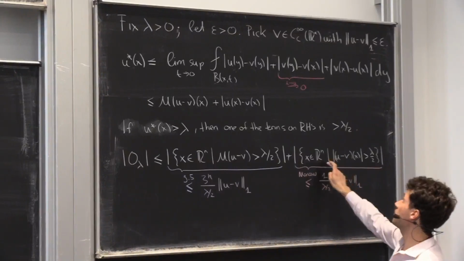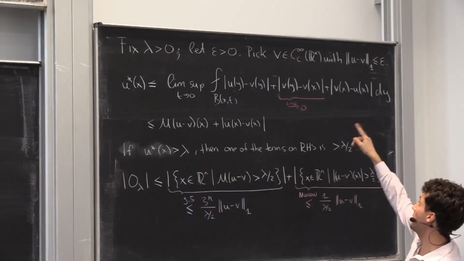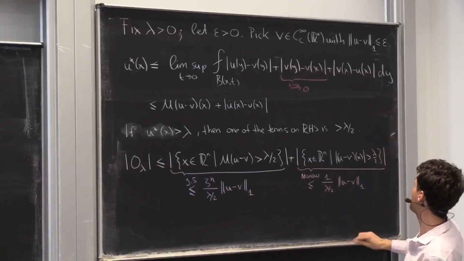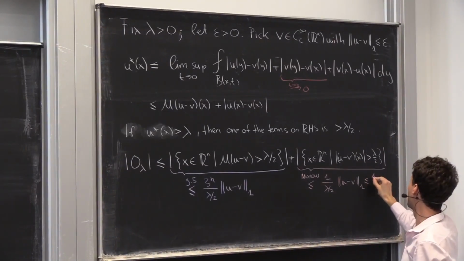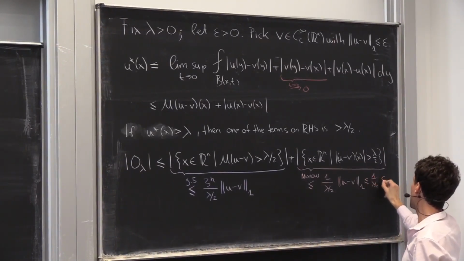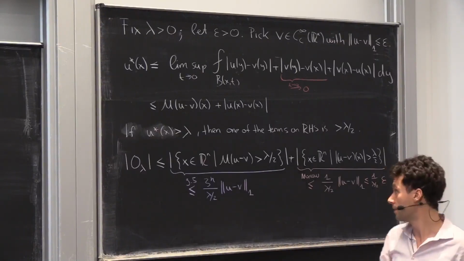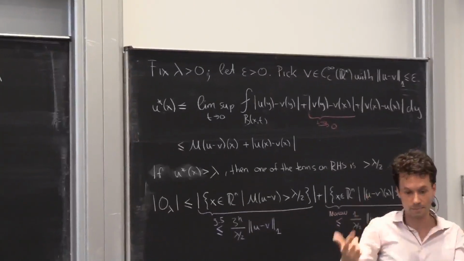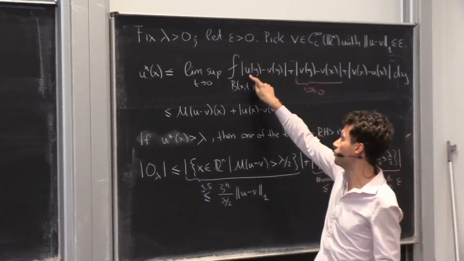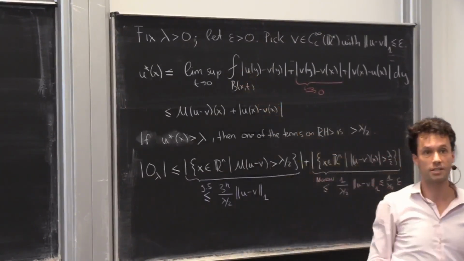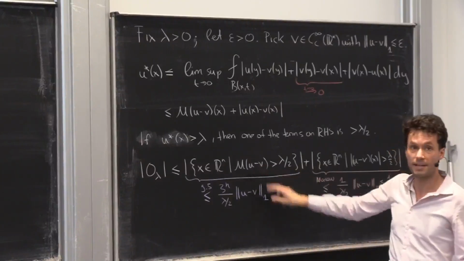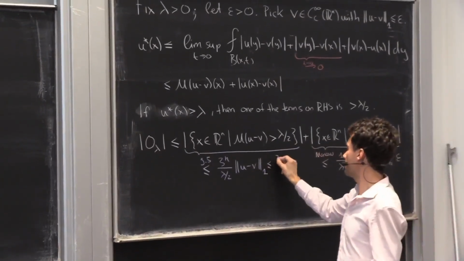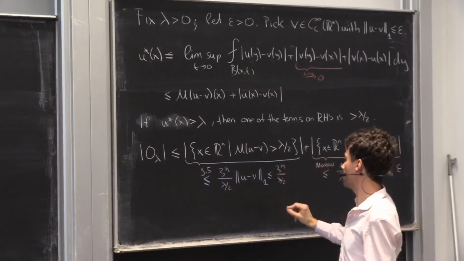Okay, so this was the easy term, because this one was not changing when I take limits in the scale. And by my choice of v, I can say this is less than 1 over lambda over 2 times epsilon. So it's epsilon small. This guy was the complicated guy, because I have to somehow deal simultaneously with v being close to u and the scale t changing all the time, but they're controlled by the maximal operator, and I still have the same type of bound, except for this additional constant 3 to the n.